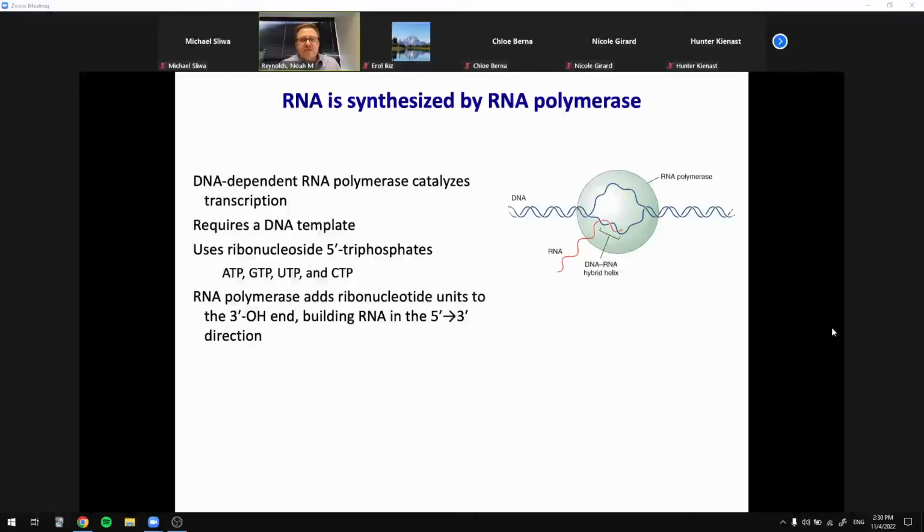The one thing that's different is RNA polymerases can start adding nucleotides without having an OH already there. So it doesn't have to have a primer to begin. You can just do the base pairing with an incoming ribonucleoside and then add another one after it and start.